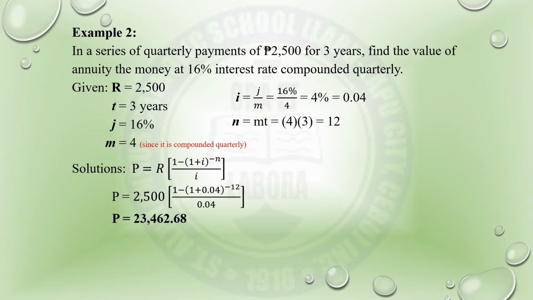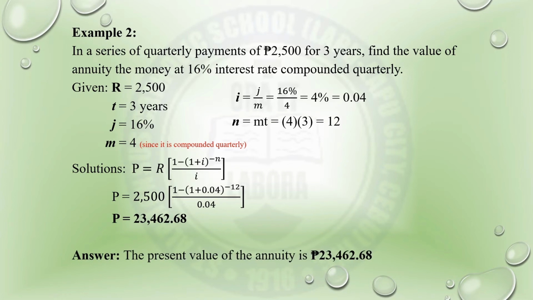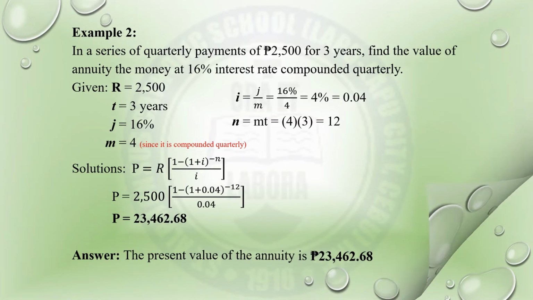Simplify them further, and you will be getting 23,462.68, or the present value of the annuity is 23,462 pesos and 68 centavos.